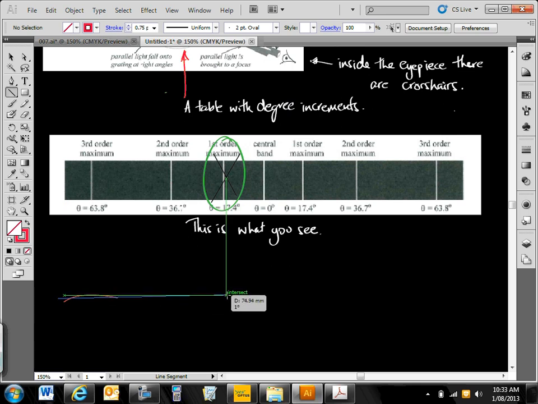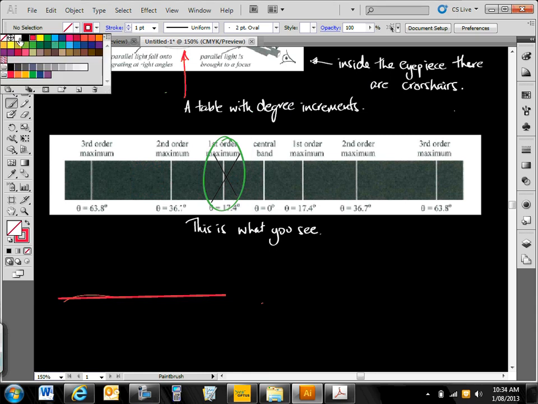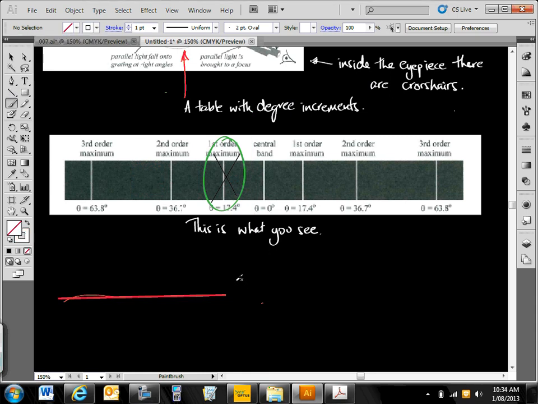This is your laser line here, and what I tend to do is point it to the board, and we could put something here. What could we put here to get the laser to diffract and interfere?